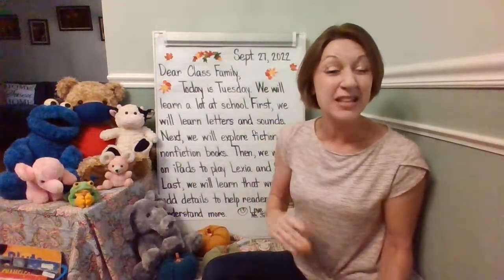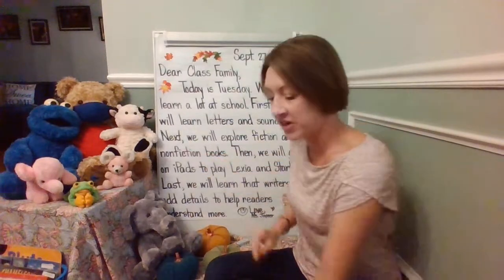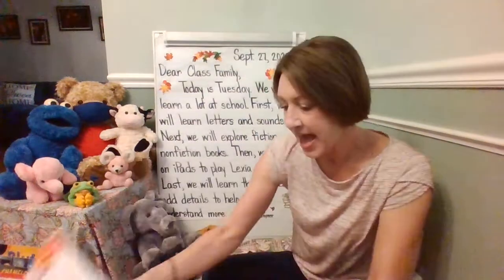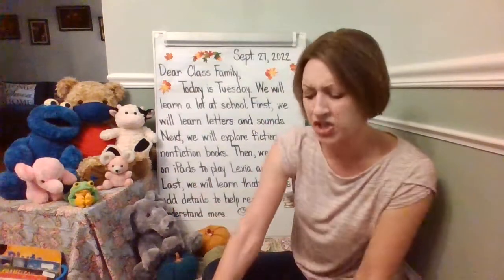All right, class family, let's see what else we're going to do today. Next, we'll explore fiction and nonfiction books. You remember how we are working on being a great communicator. I read to understand and learn. Class family, there are different types of books out there. And today we're going to be looking at fiction and nonfiction.